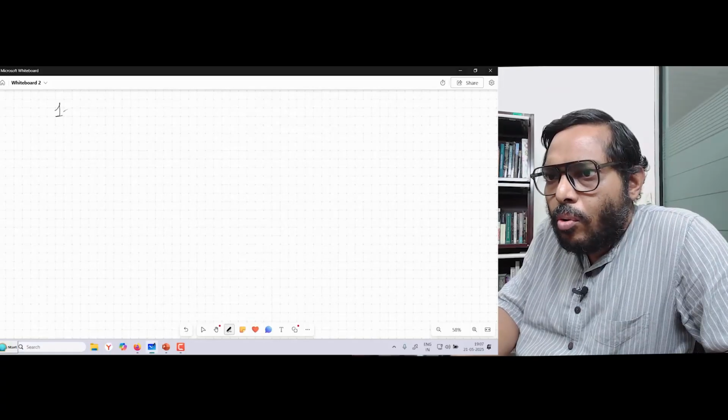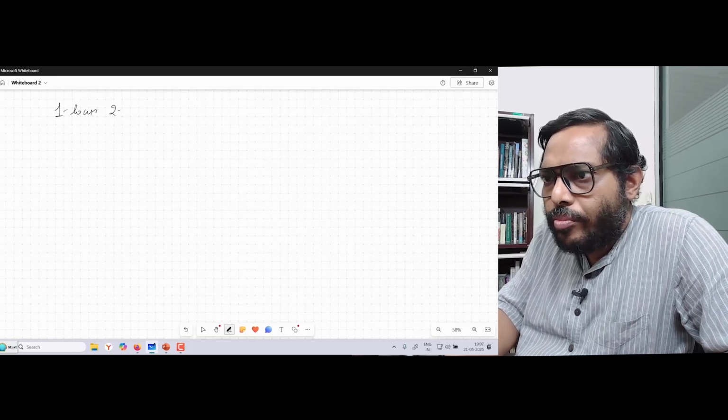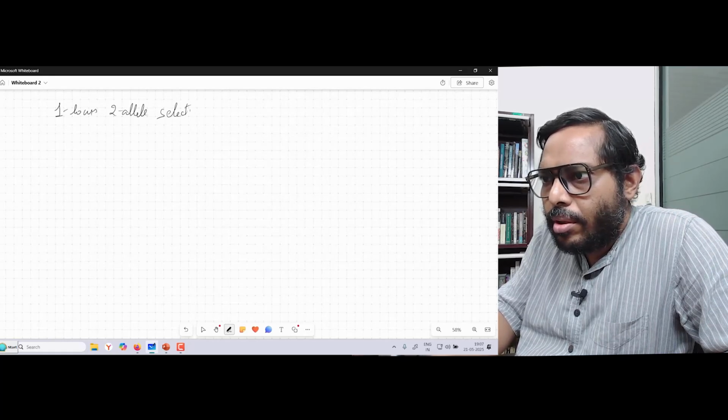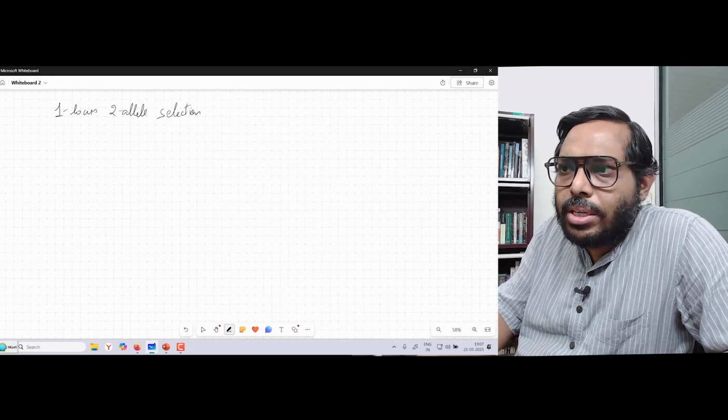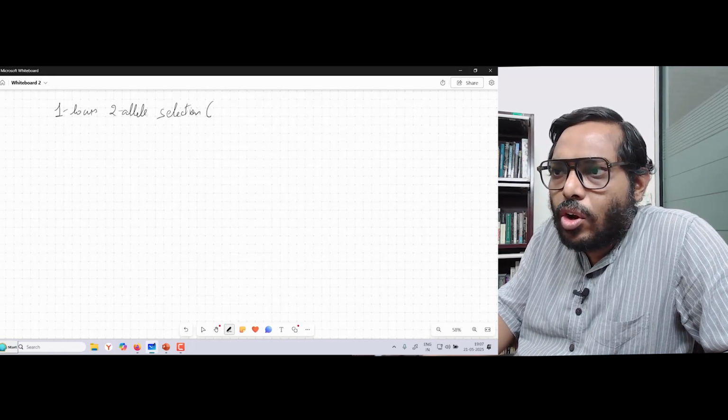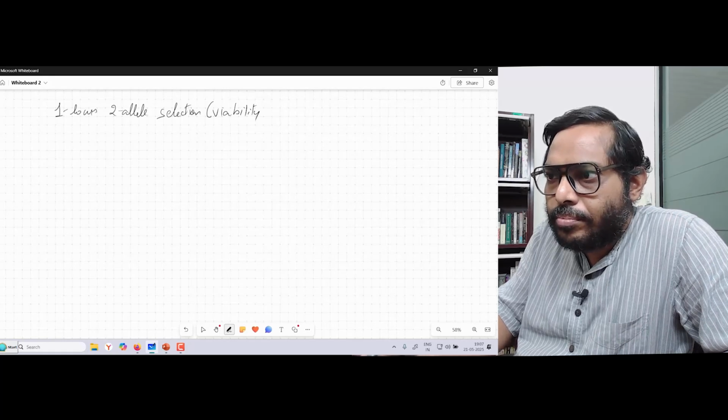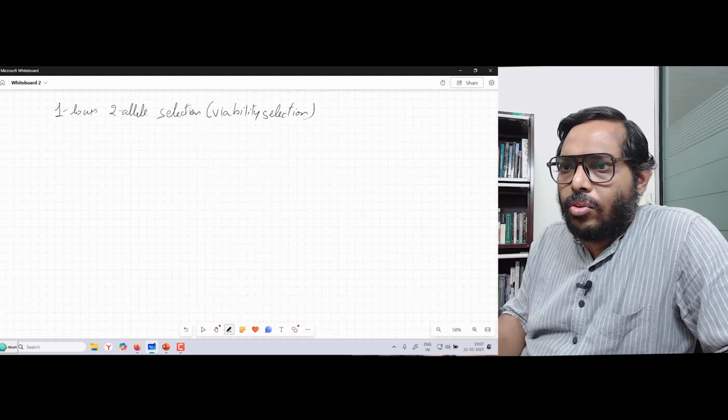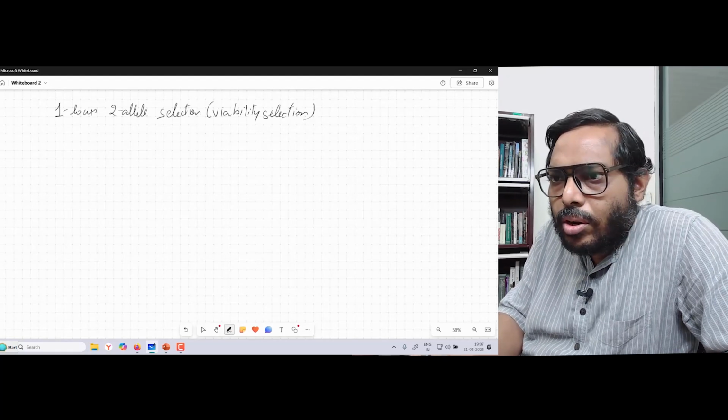So we are talking about one locus, 2 allele selection. If you remember, yesterday I said that we are explicitly talking about the viability selection model. Viability selection, right? So what are our 2 alleles?